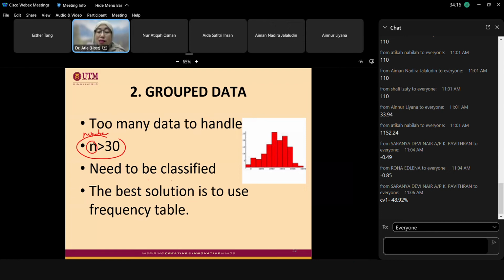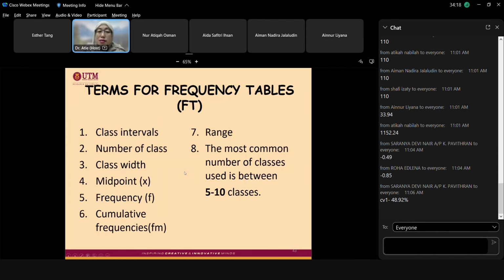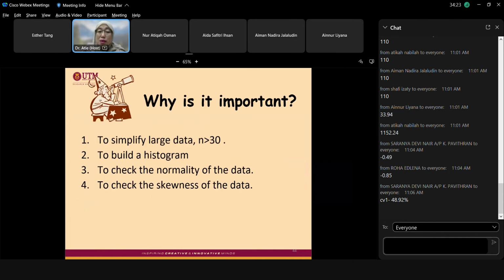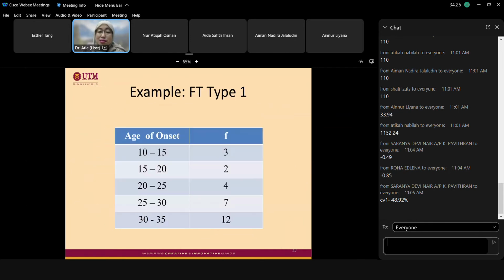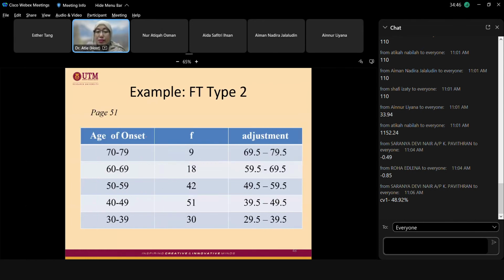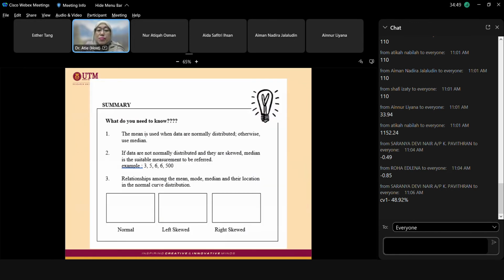So it needs to be classified first. This is what we call a frequency table. You're already familiar with it, but we are not going to calculate manually in this class. Even though we can do it manually, I'm going to use SPSS to solve for big data.